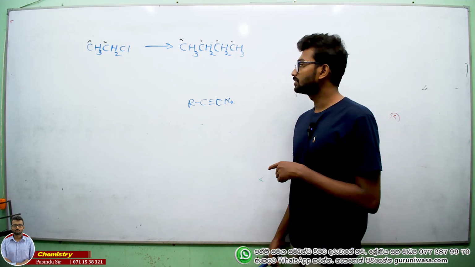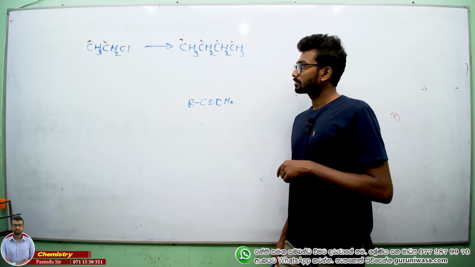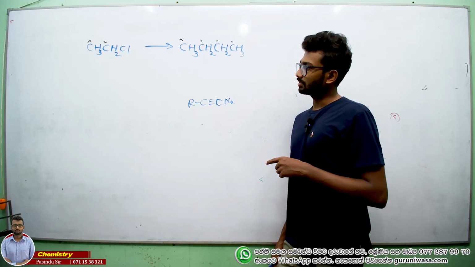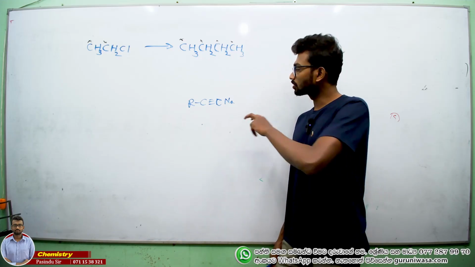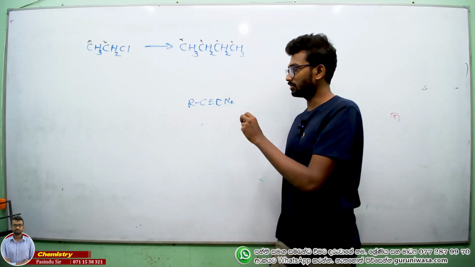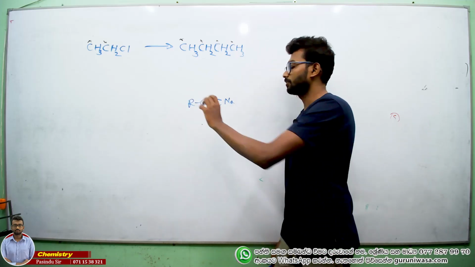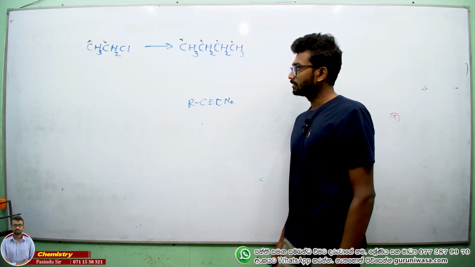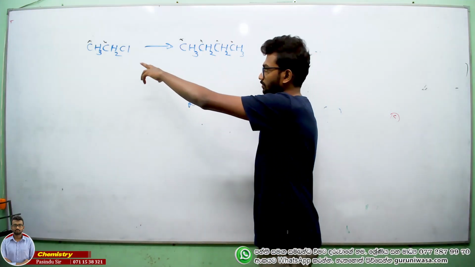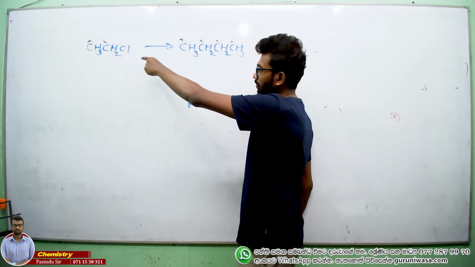Here, the easiest way that I can see is to go through this kind of molecule. Here there are 2 carbons, it's doubling.